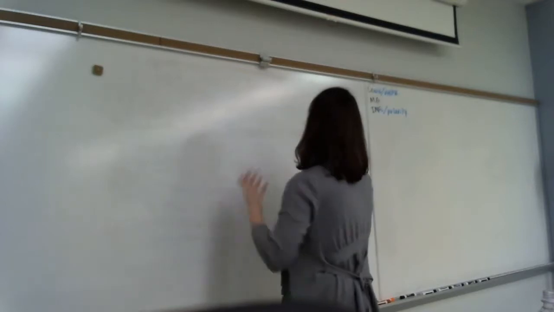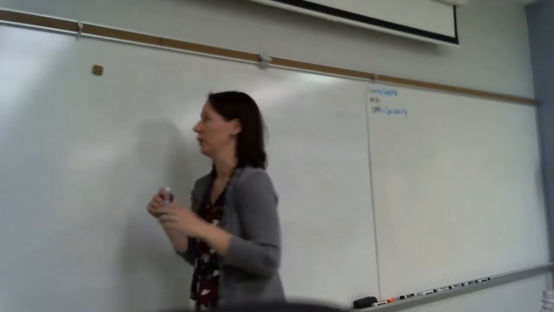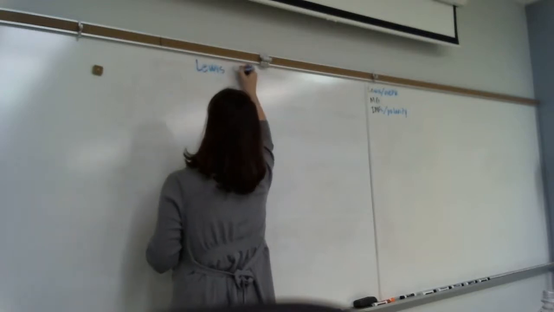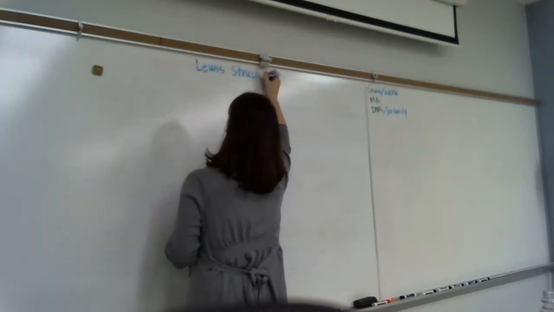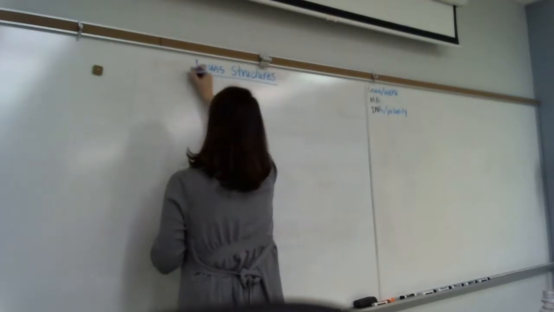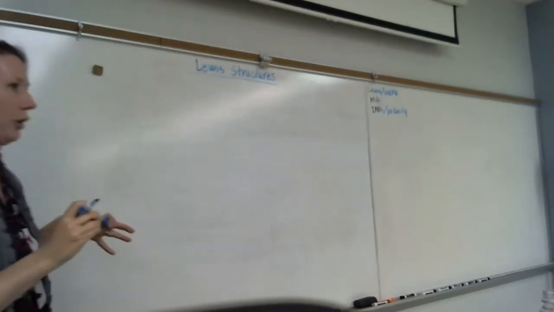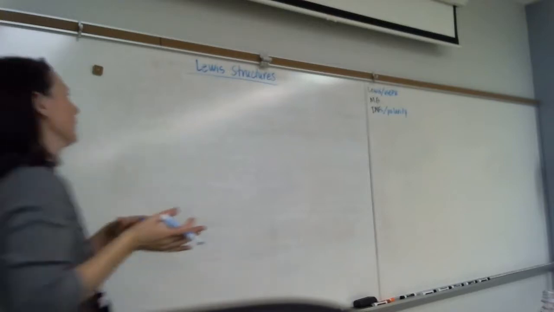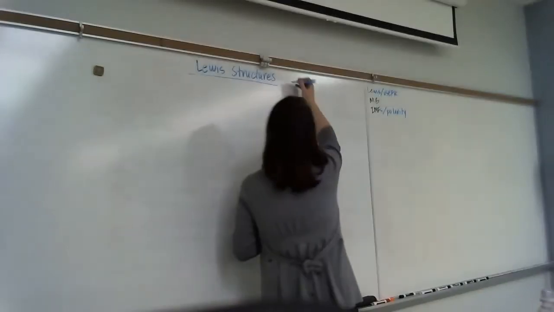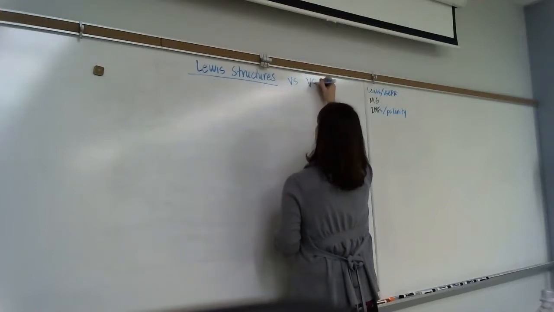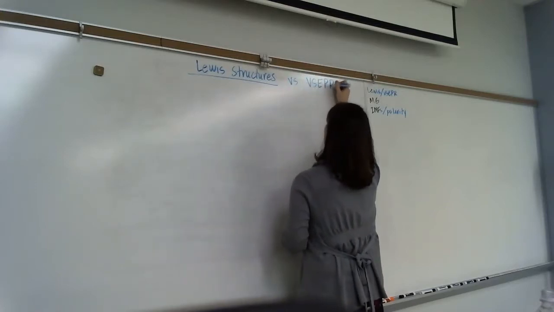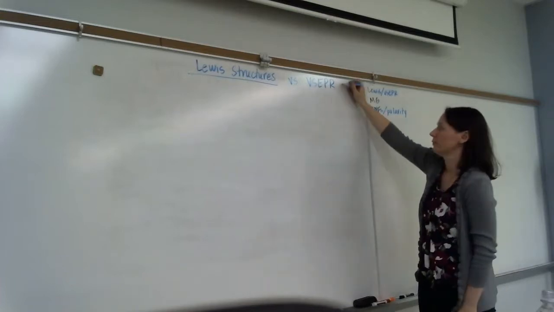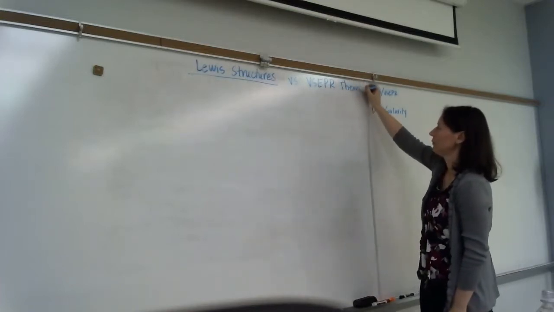Okay, so let's get into Lewis structures first. So here are the rules for Lewis structures. Now before we even go any further, what's the difference between Lewis structures and VSEPR? VSEPR stands for valence shell electron pair repulsion theory.